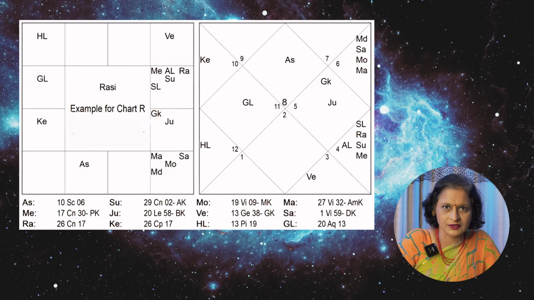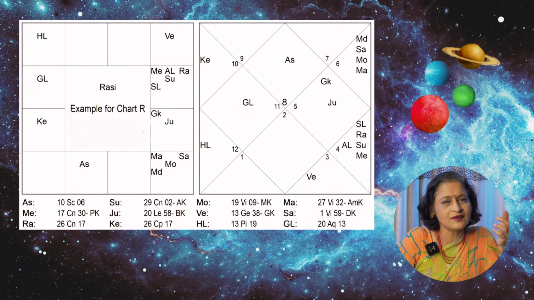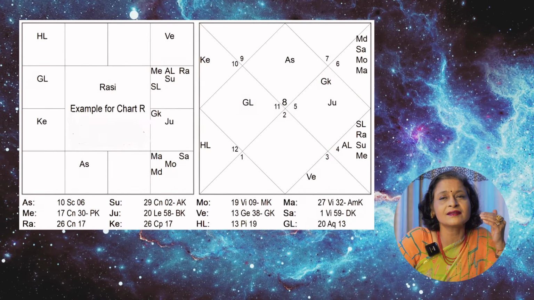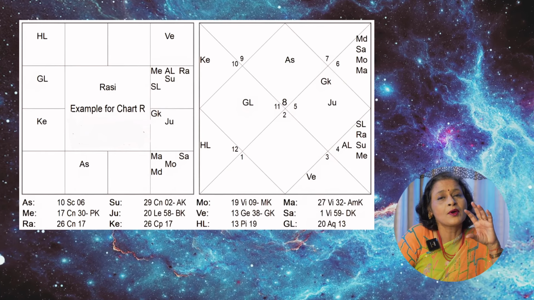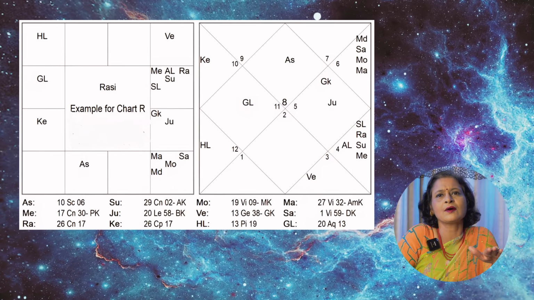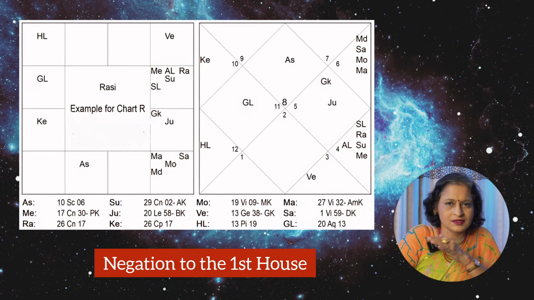If a planet is placed in the 12th from itself, it may negate the work that is being done by that house. Why? Because the 12th house to any house is the negation of that first house.